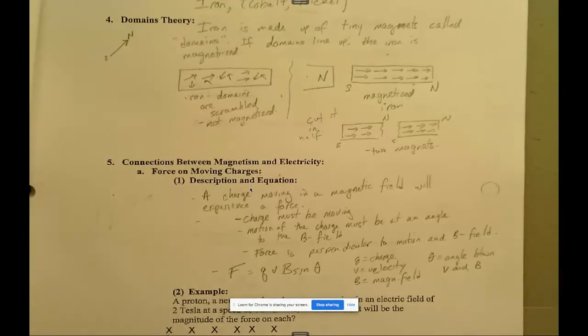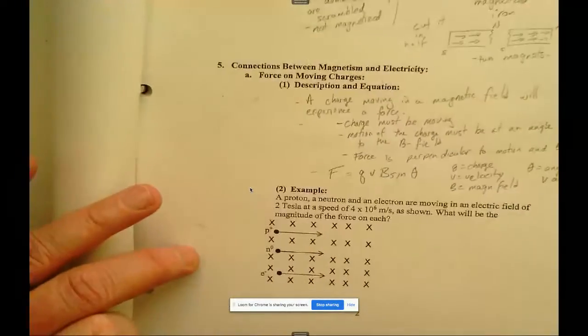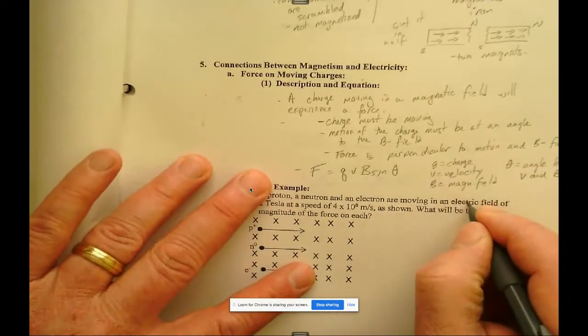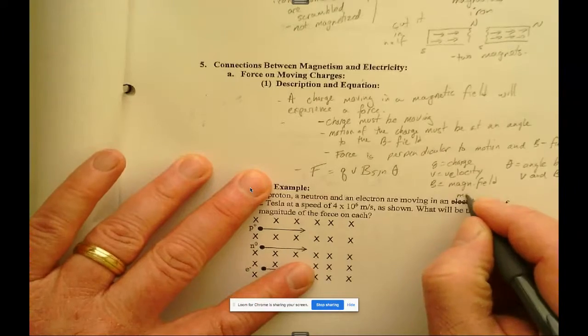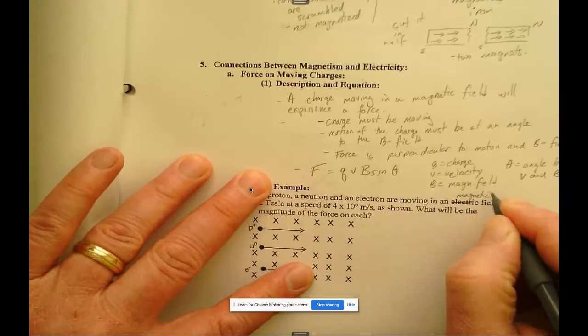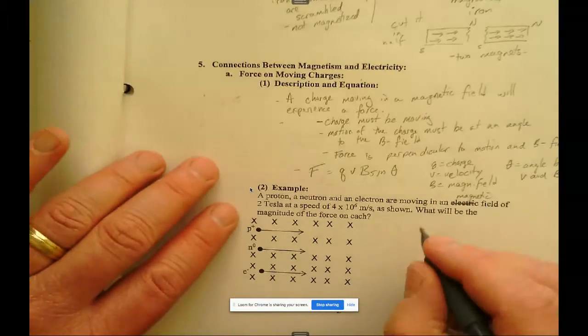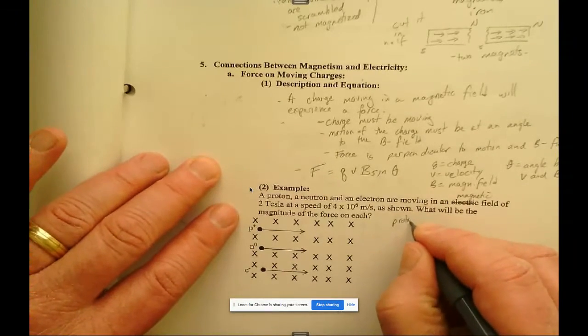So our first example of this is right here. I have a proton, a neutron, and an electron in the magnetic field. Sorry, I said electric field, it should be a magnetic field of 2 Tesla. I give you the velocity there. So we'll do the proton first.